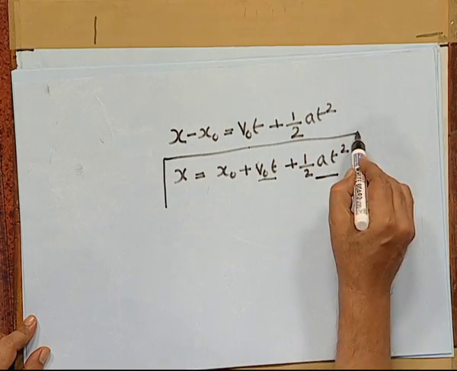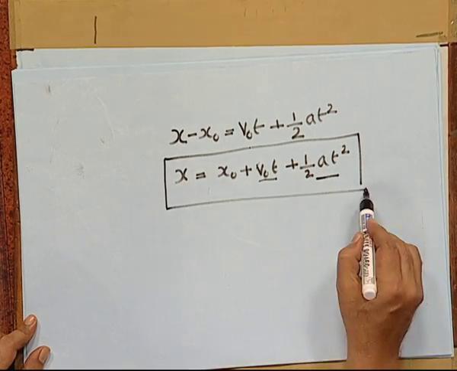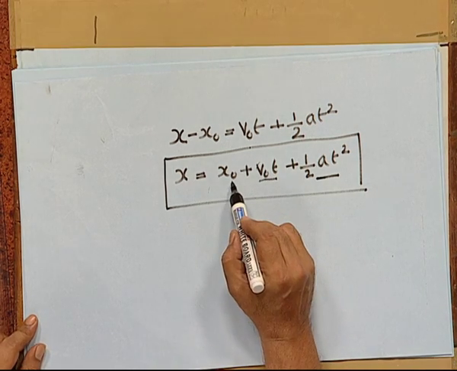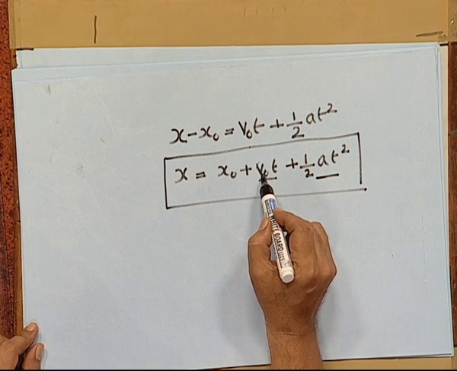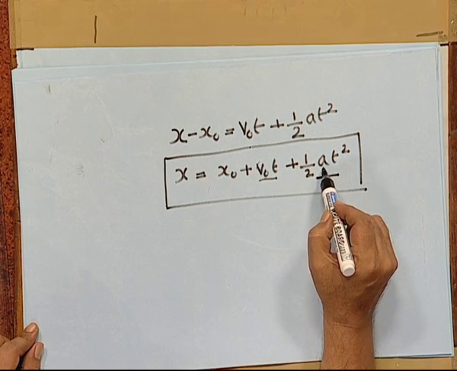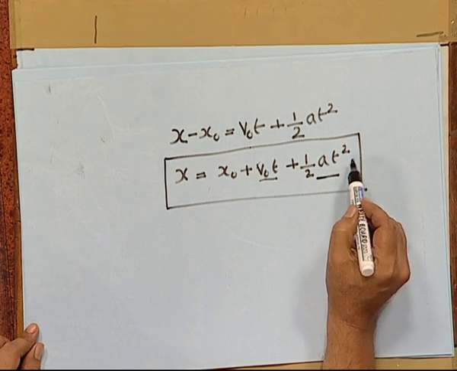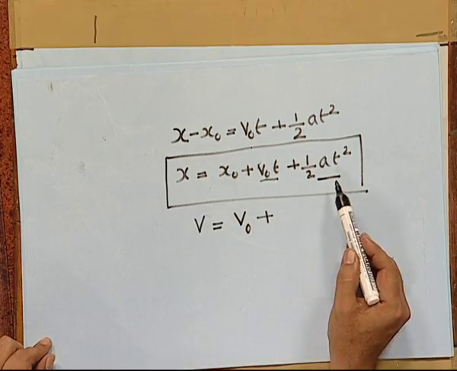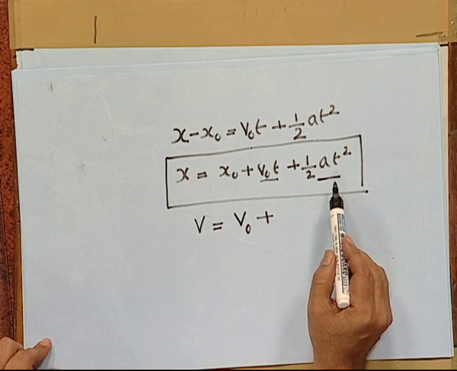So, this is the relationship between the position coordinate at any time t with the initial position coordinate, the initial velocity, the acceleration, which is assumed to be constant, and the time. Now, this is one of the equations of constant acceleration motion. The equation in the box is one of the equations of motion for the constant acceleration case.